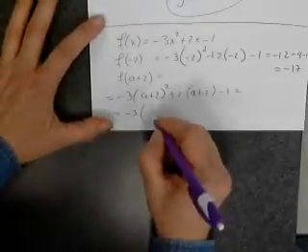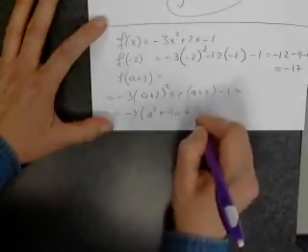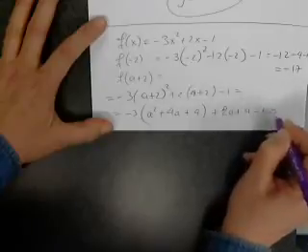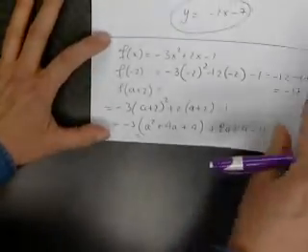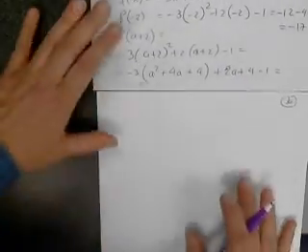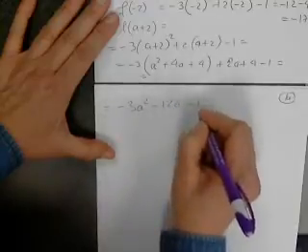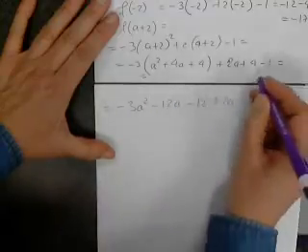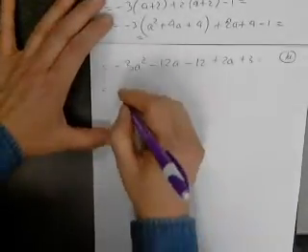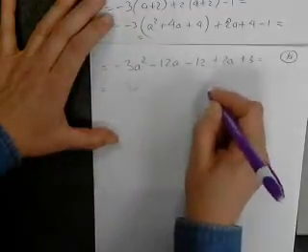And they are a squared plus 4a plus 4, minus 1. So therefore, -3a squared minus 12a minus 12 plus 2a, and I can combine this. I have to combine like terms: -3a squared minus 10a and minus 9.